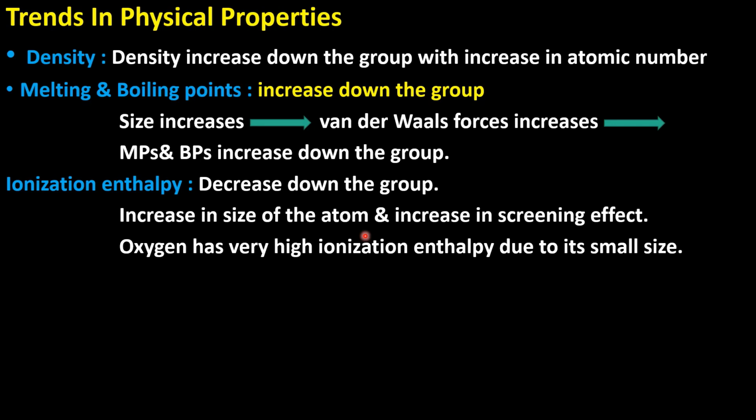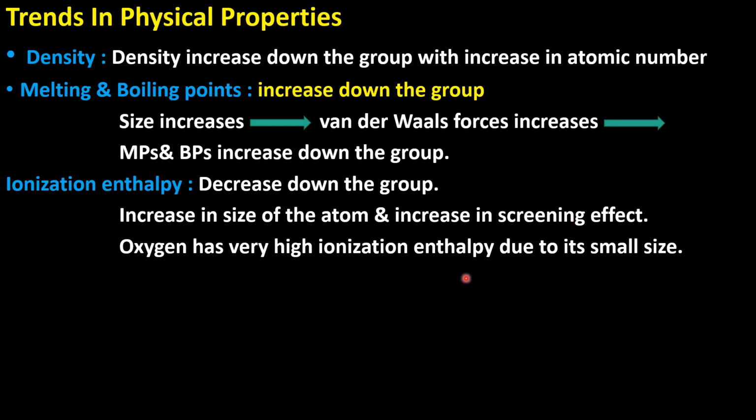As size increases, the nuclear attractive force decreases over the outermost shell. The atom is not able to hold its own electron with greater force. Under such conditions, the tendency to hold the electron decreases, therefore the energy required to remove the outermost electron becomes less, thus ionization enthalpy decreases.